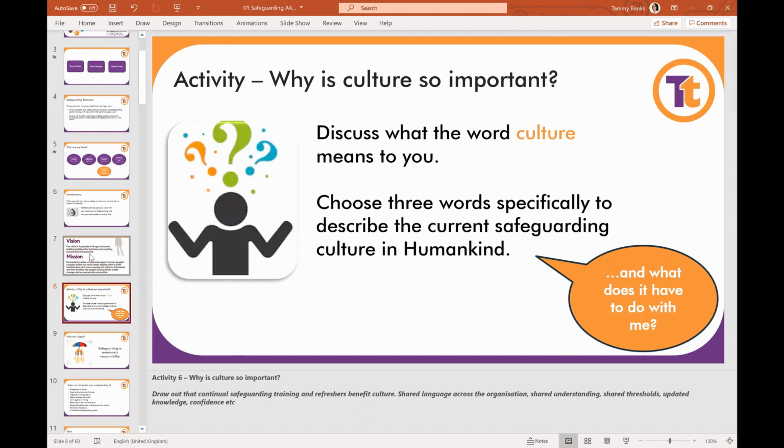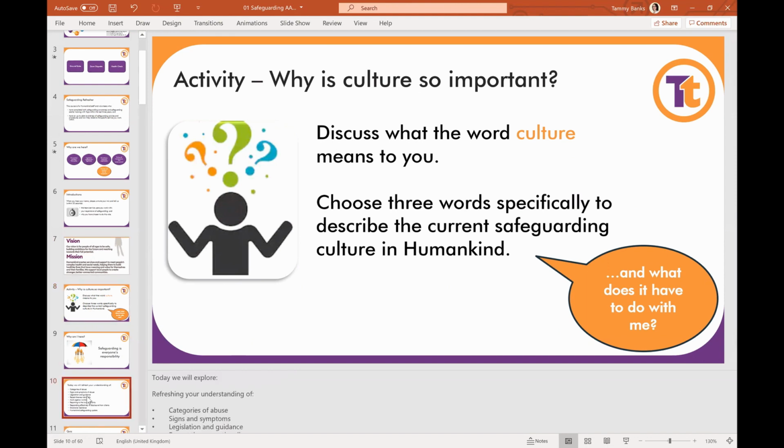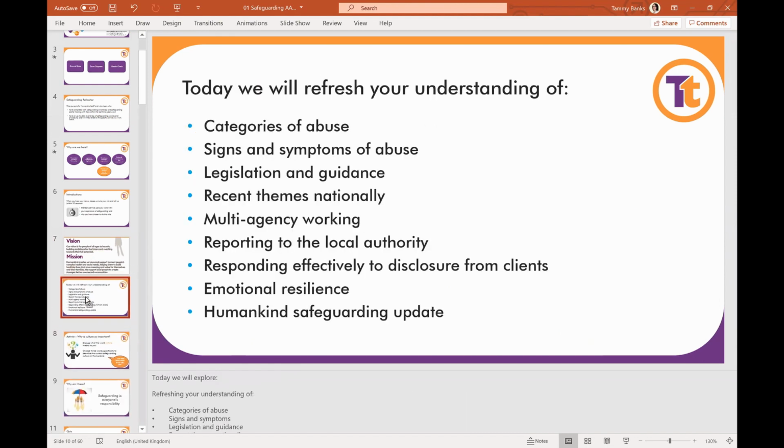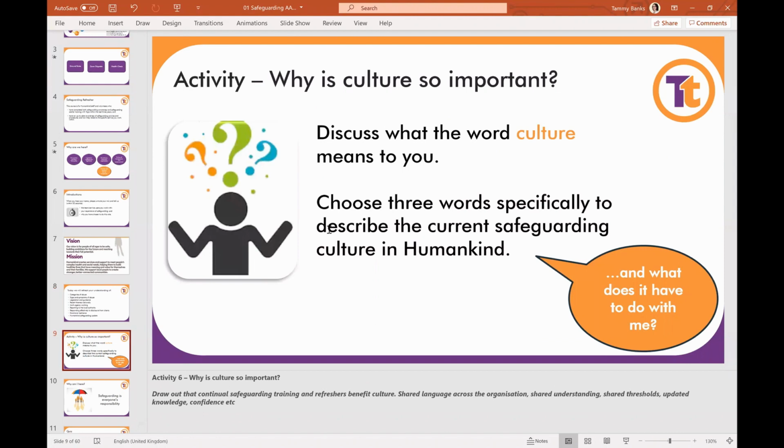However, we're kind of going into the course without doing this bit. So I think we should be introducing it before we go on to any activity. So that's what I would do there. So just swap that round. But I think this one's really important.